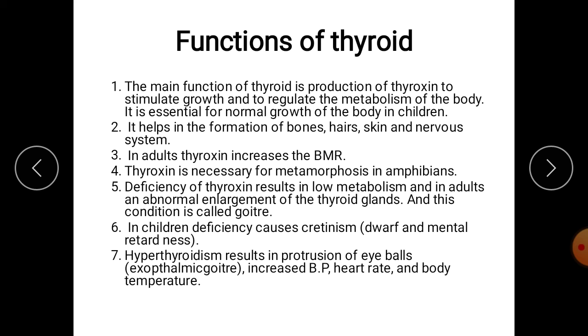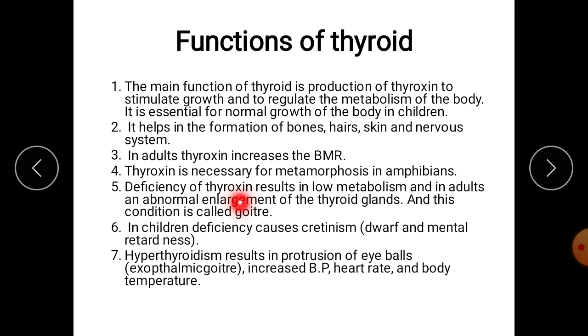So in amphibians, thyroxine plays a very important role. Tadpole larva becomes adult due to the secretion of thyroxine. Tadpole larva has a tail, but adult frogs do not have a tail. So for their proper metamorphosis, thyroxine is necessary.